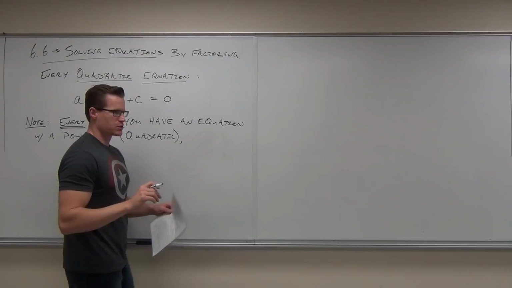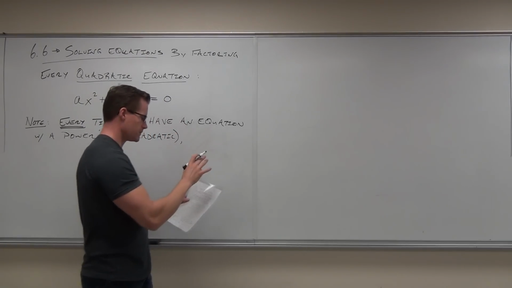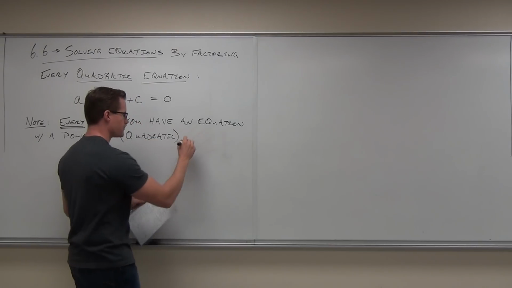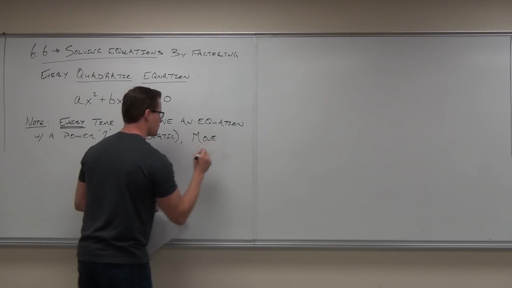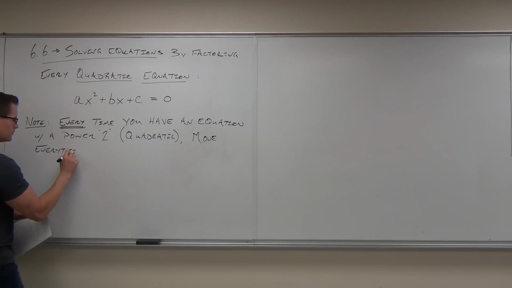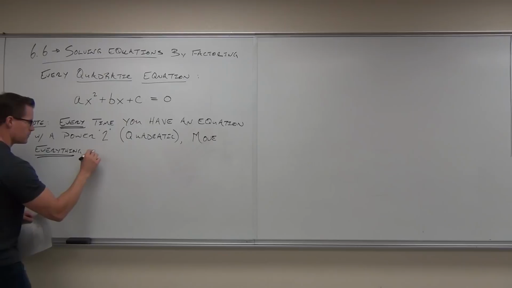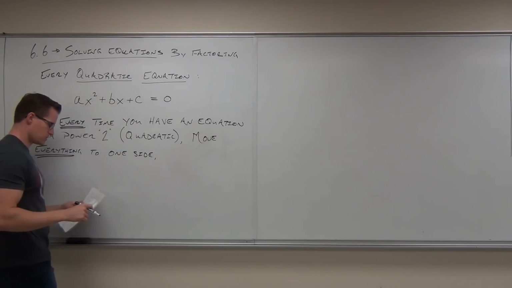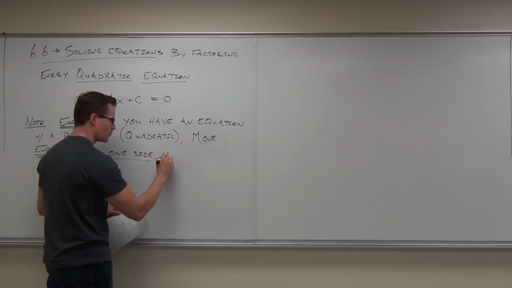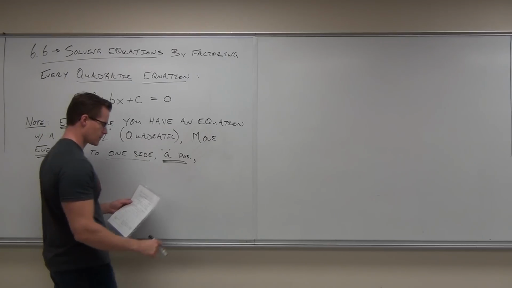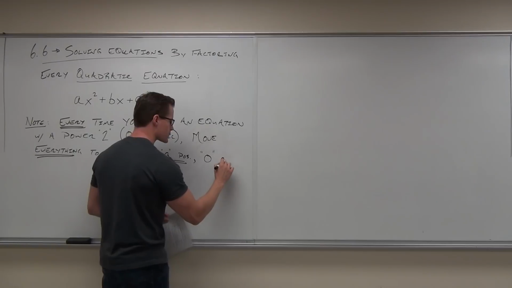Your goal is to move everything to one side in order with your A positive and 0 on the other side. Everything to one side, this is what I want you to know. One side with A positive and 0 on the other side.